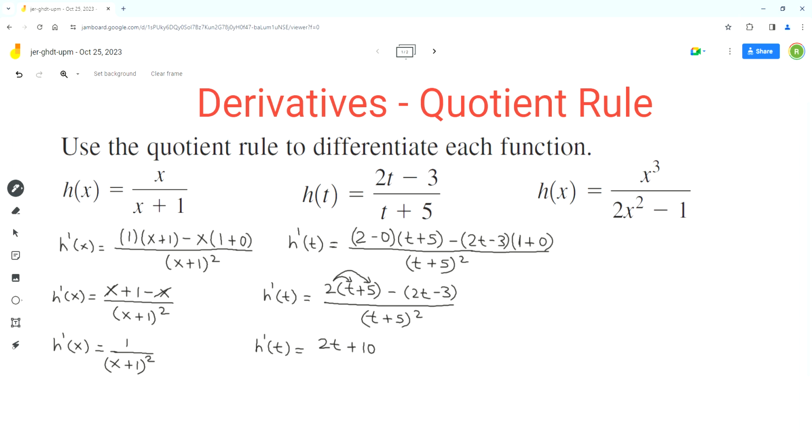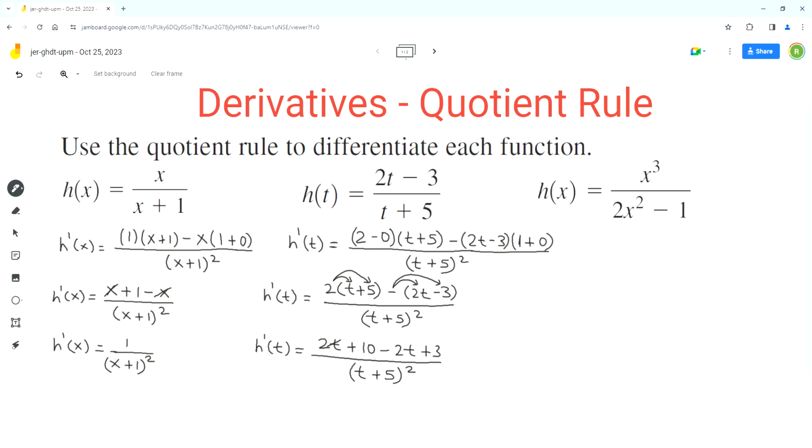And now in the second parentheses, we distribute the negative sign, and that changes the sign of all terms in the second parentheses. So we get negative 2t plus 3, over (t plus 5) squared. Now we can combine like terms in the numerator.